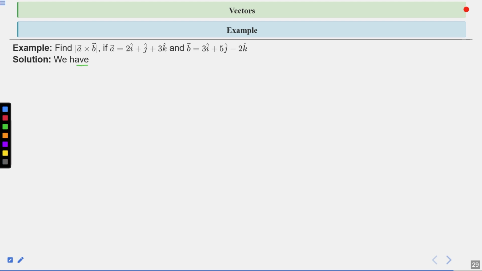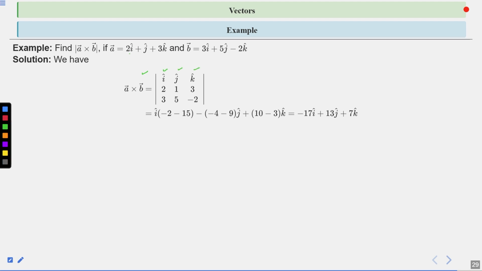So we have A vector and B vector. Taking the cross product in determinant form, you will get i cap, j cap, k cap. So the A vector is 2, 1 and 3. Similarly, the B vector is 3, 5 and minus 2. So first we calculate for i cap. Neglect this and cross multiply. So you will get minus 2 minus 15.